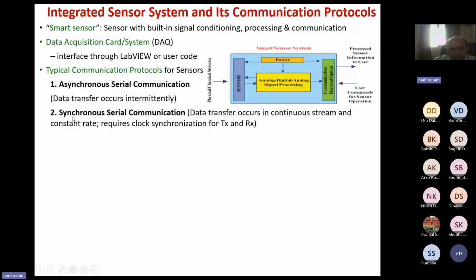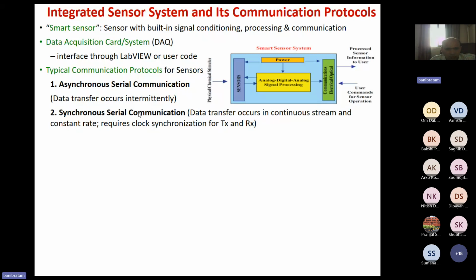The second one is known as synchronous serial communication. And there can be parallel communication and serial communication. What is the difference? Serial means the data goes bit by bit, and parallel means, suppose 8-bit parallel, at a time 8 bits go to the processor or other system. There are of course advantages and disadvantages. For parallel communication, the data rate will be faster because all 8 bits go at a time, while serial takes more time to send the data bit by bit.